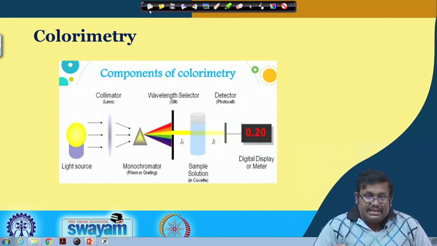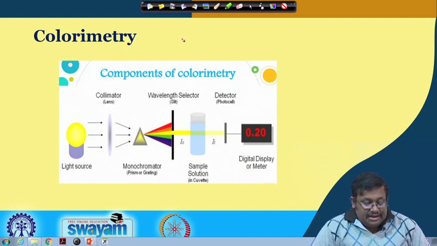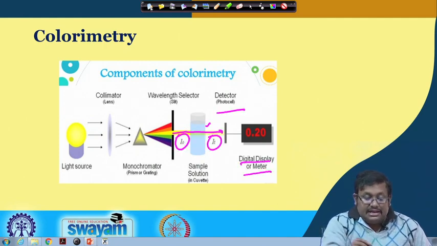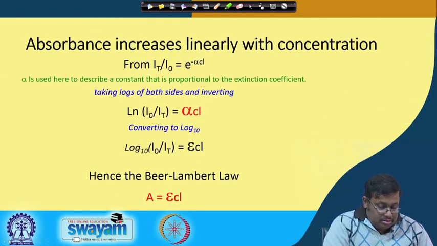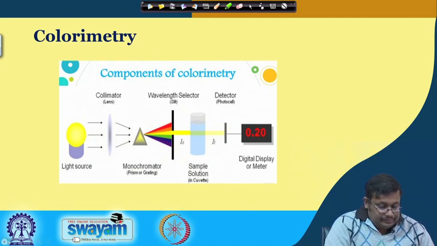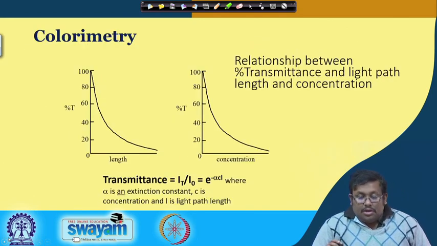What is the basic principle which governs this colorimetry? This is governed by Beer's and Lambert's law. So let us see what Beer's and Lambert's law is.